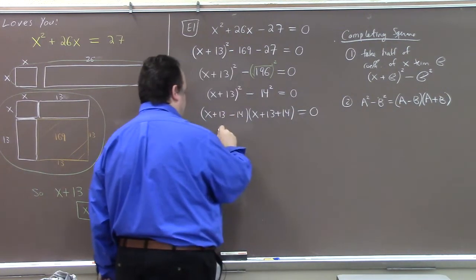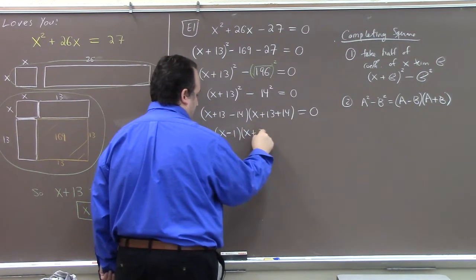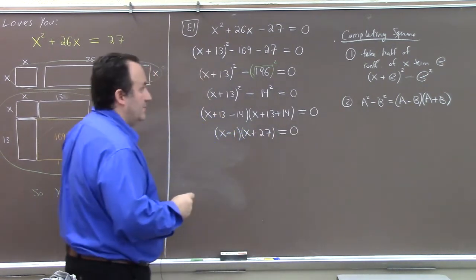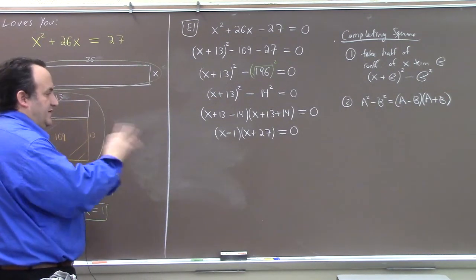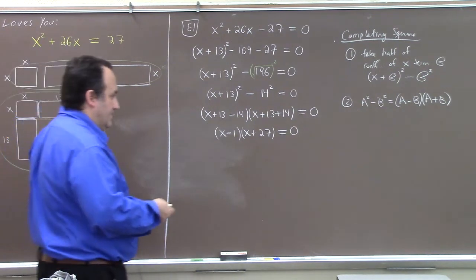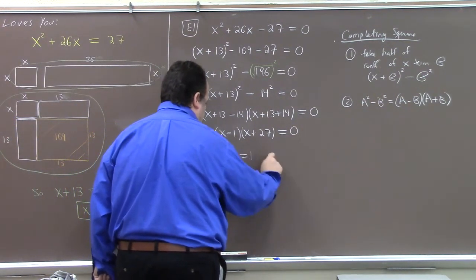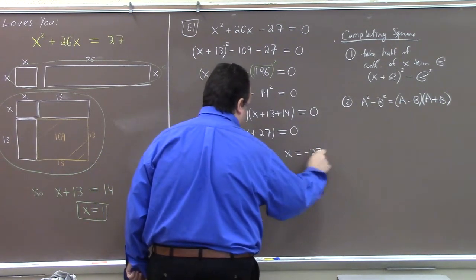In other words, we factored it as x minus 1 times x plus 27. So if we're solving this equation, what are the solutions? x equals 1 or x equals minus 27.